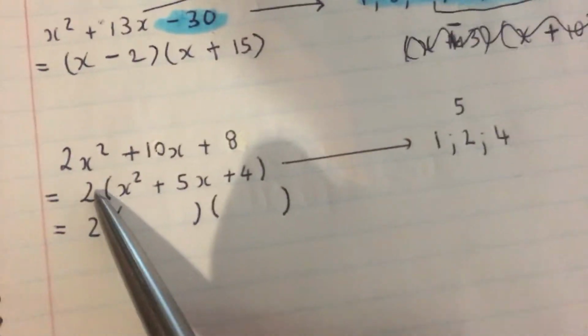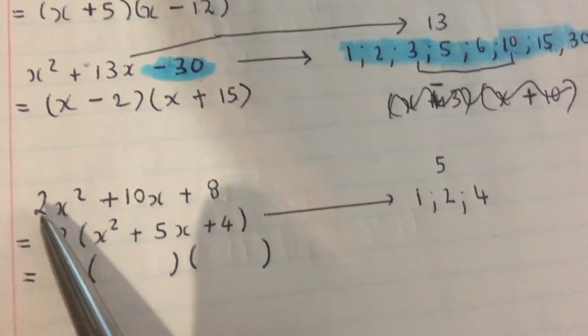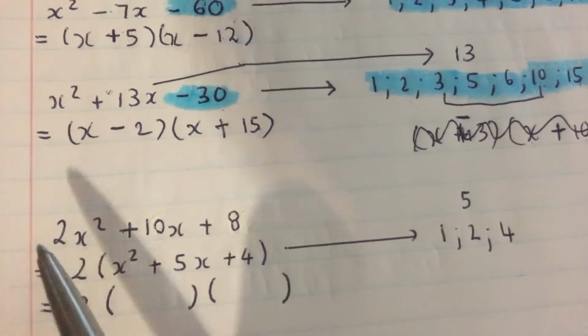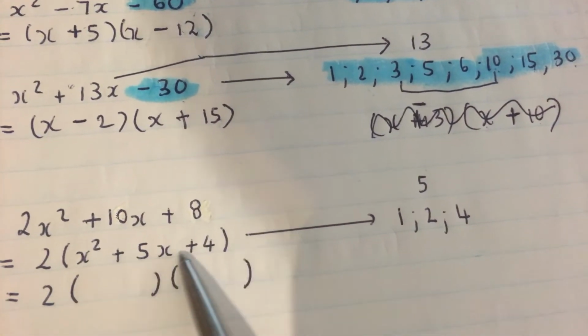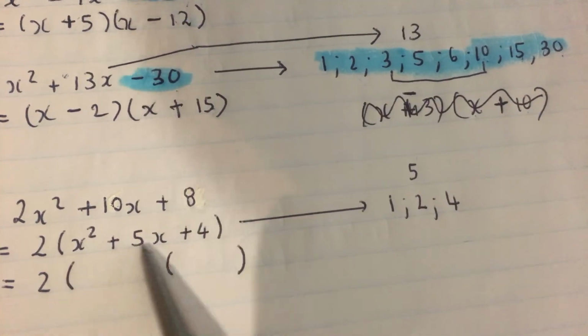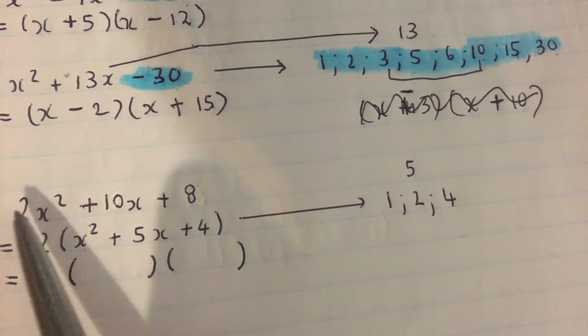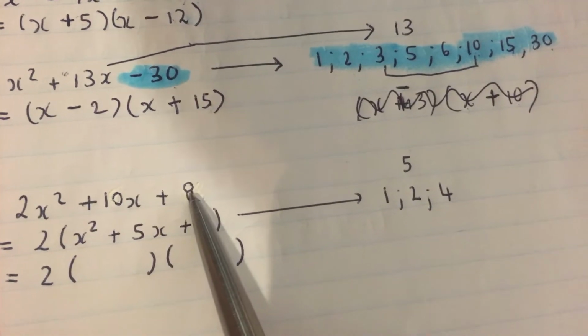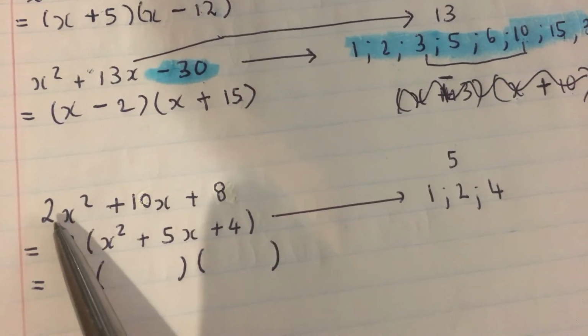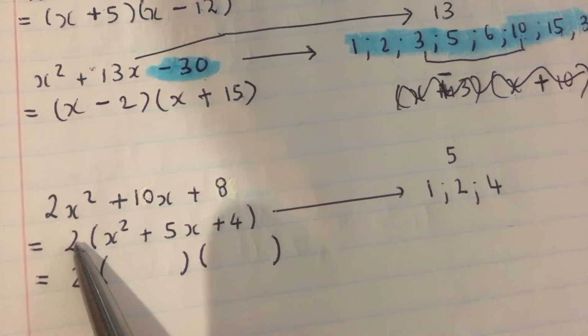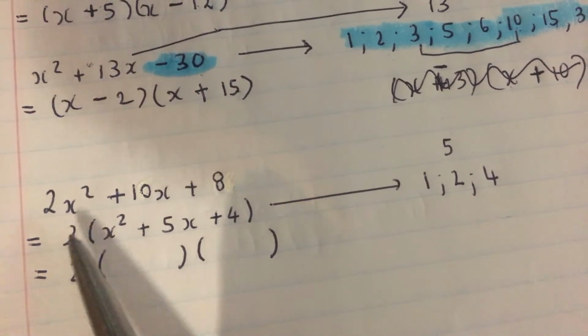And then the last one. This one over here is a combination question. If you ever see a variable greater than 1 in front of x squared, you know you have to pull out a highest common factor first. And then you'll be left with an original trinomial that you normally do. Can you see it was 2x squared plus 10x plus 8? So you never normally see this 2 over here, so you have to pull the highest common factor out of all of them.